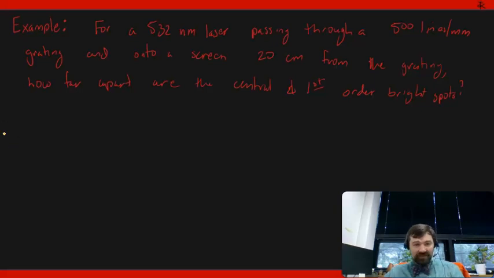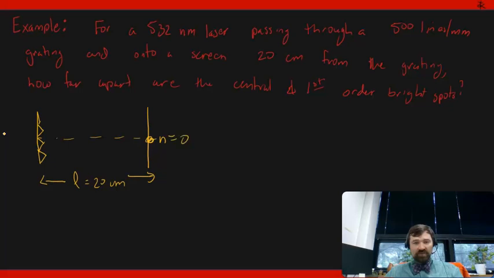So if I'm drawing this diagram, I have basically my diffraction grating, which is sometimes drawn like this to represent a grating. I've got a screen. This distance right here is 20 centimeters. And then essentially I expect the n equals 0 at theta equals 0.